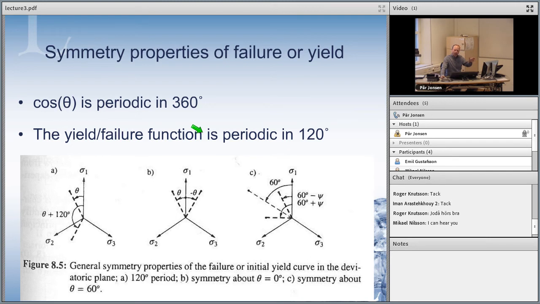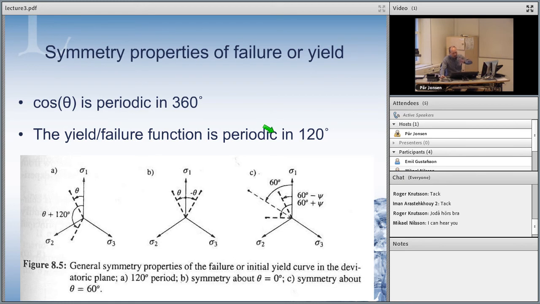I will have exactly the same loading. And also here, I can find that if I take the negative sigma 3 axis, it will also be symmetric on both sides here, like that. So I have a lot of symmetries here, so I can simplify my equation quite a lot.